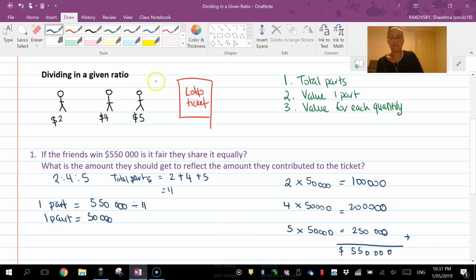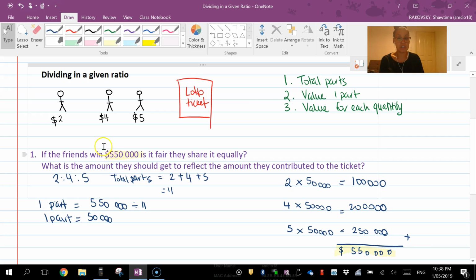Look at that, that amount matches this amount. So we know that our mathematics is correct because of this. That is one way you can check your work. Your parts should all add back up to the original whole amount that you had at the start of the question.